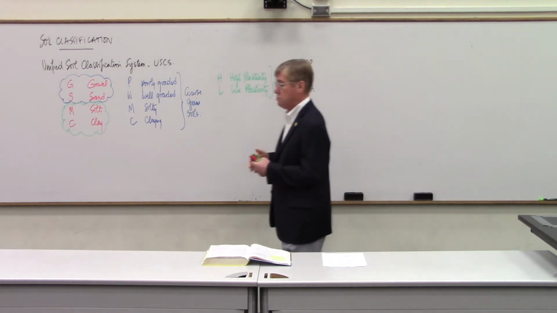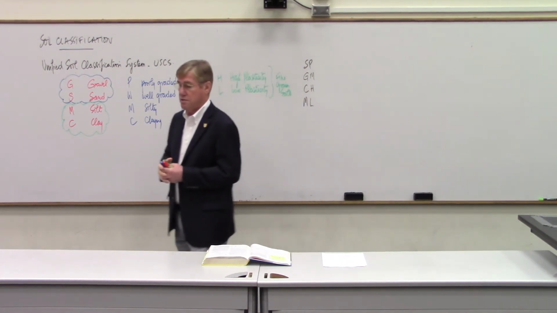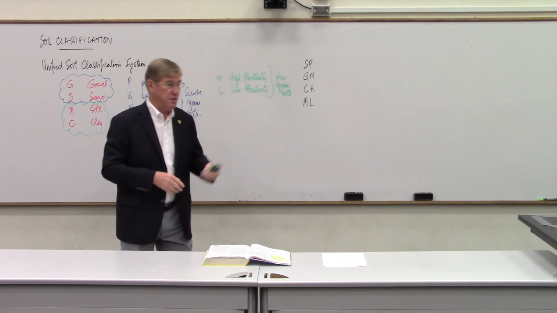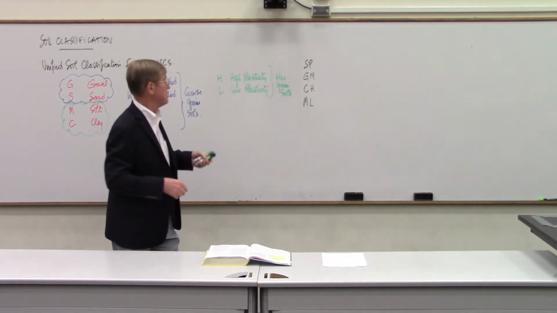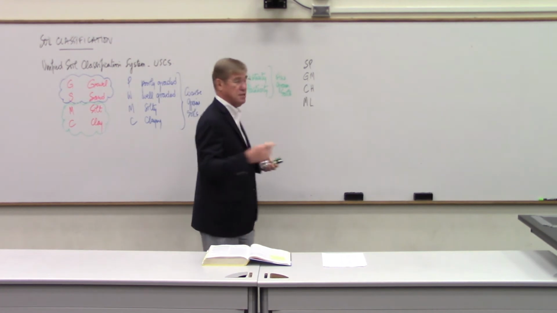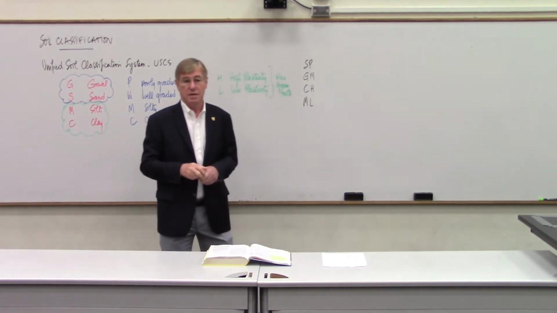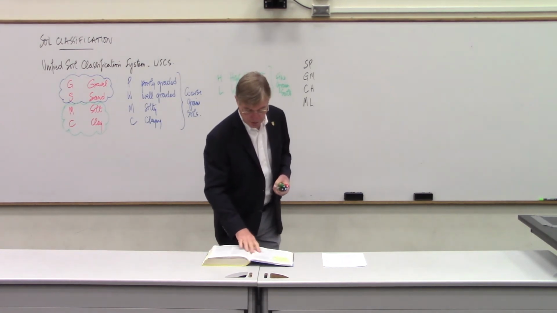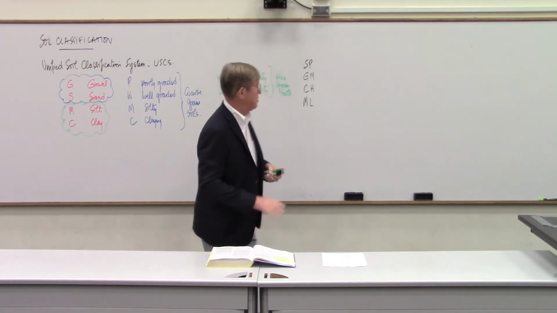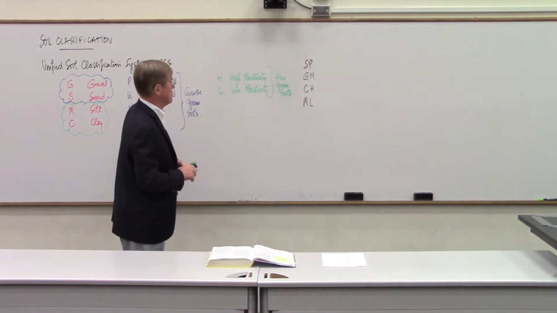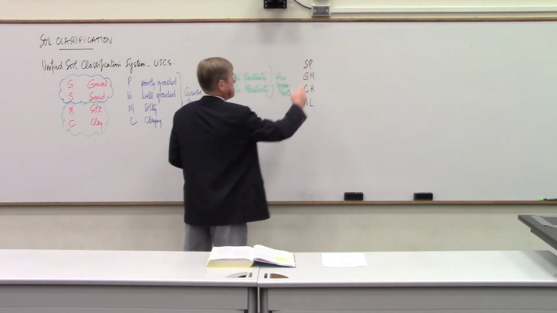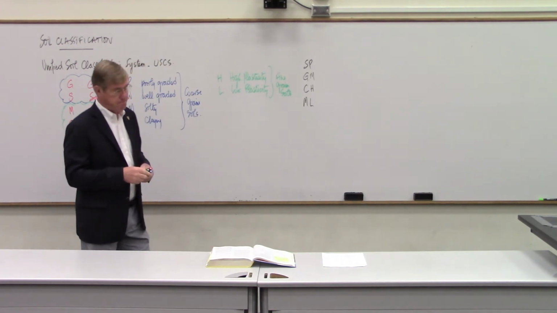And so if you talk to a geotechnical engineer from South Africa or India or Japan, and you tell them, well, I had a CH, then they'll understand what you're talking about, and you can continue the conversation. All right. The key question now is how we're going to make decisions on the first letter and the second letter.